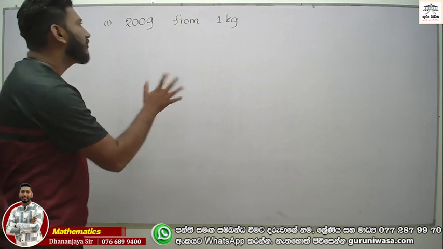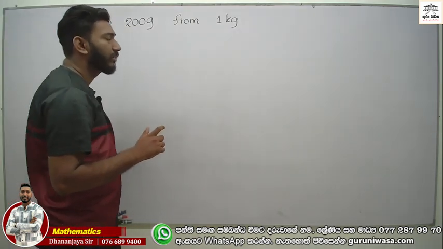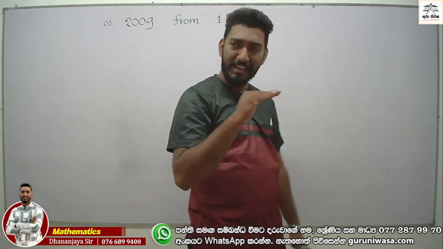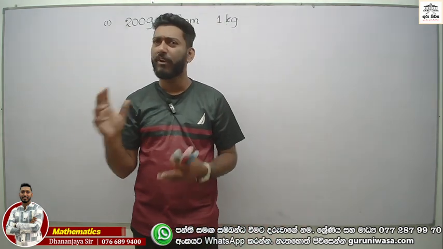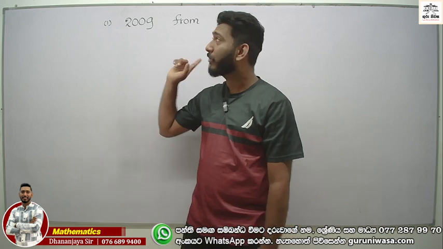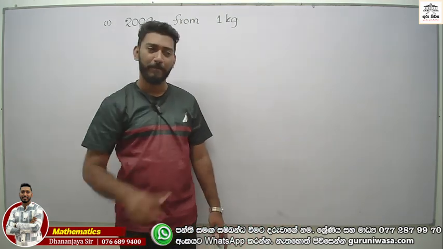There are two different units. Firstly, we need to change them into the same unit, right? And what is the smallest unit? Kilogram or gram?